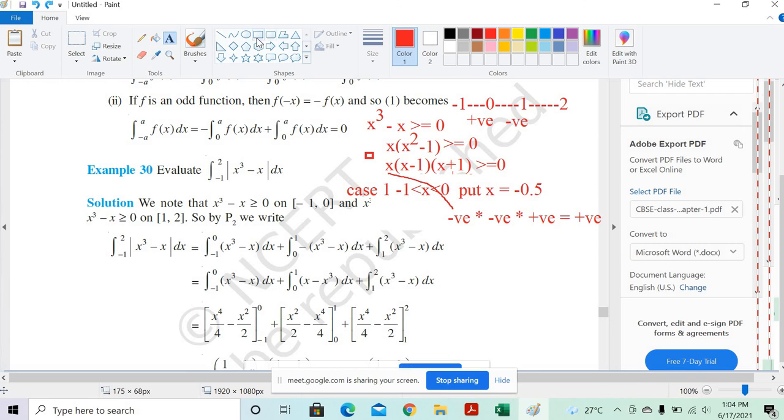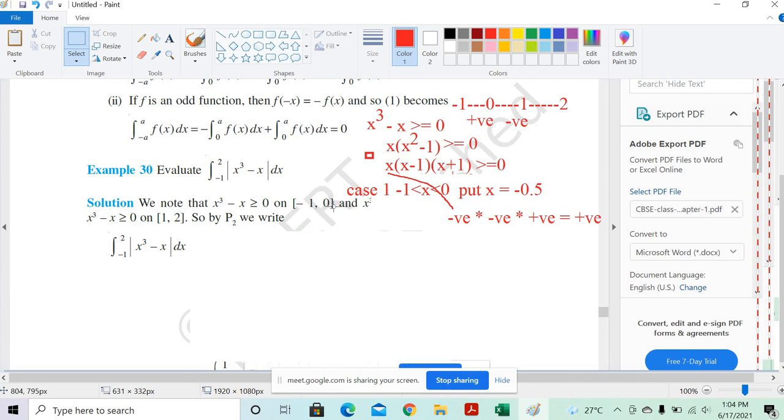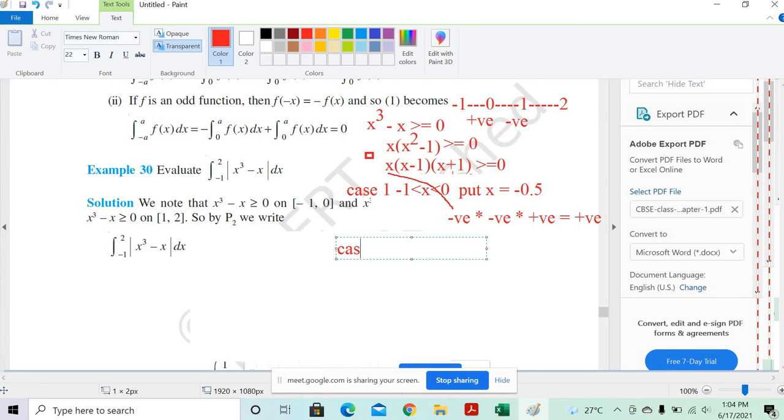Next case, case number 2. Let's do the case number 2. So we'll remove this part from here so that it is clear to you. Now, case 2, when the x value is between 0 to 1, right? 0 is less than x less than 1, correct?